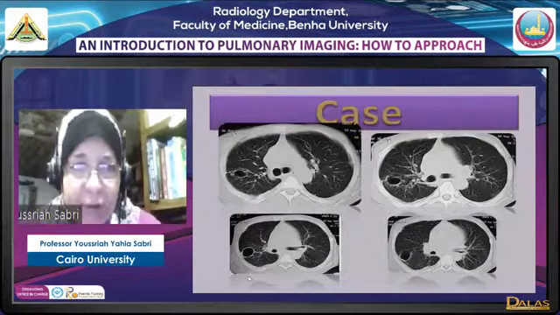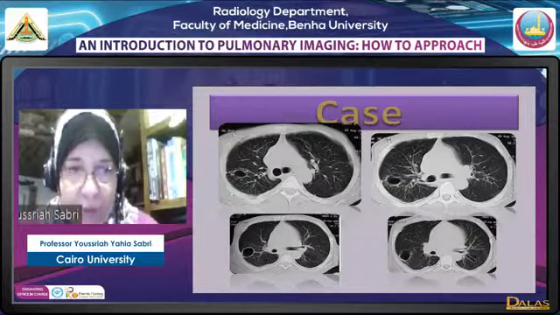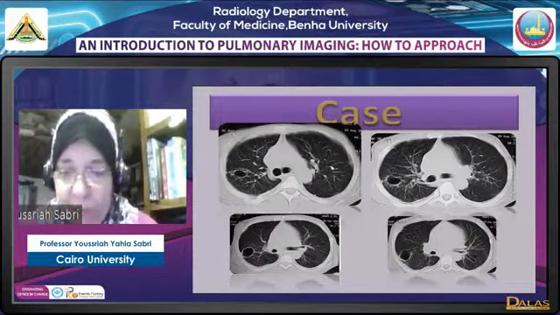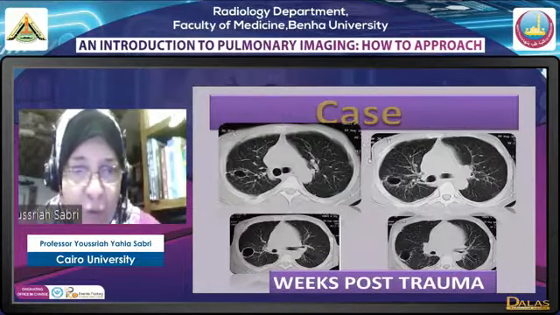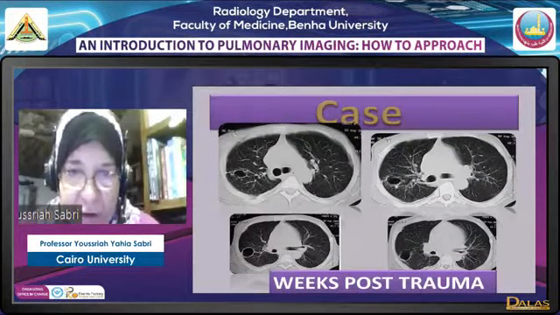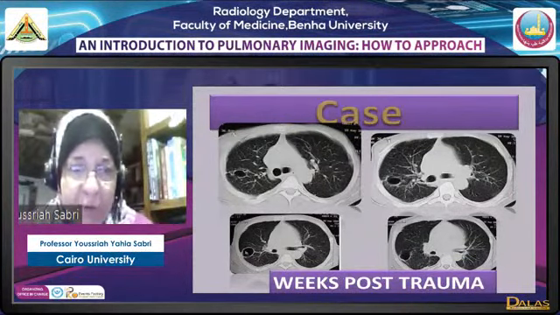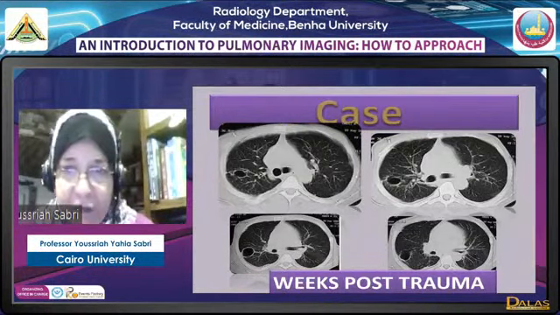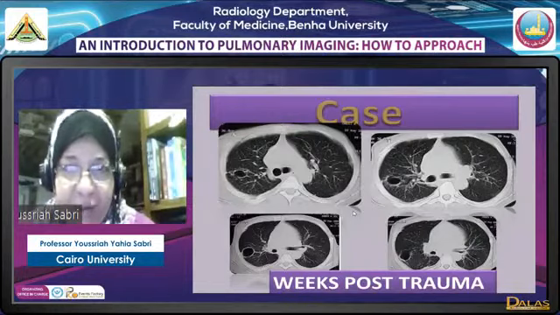Here, on the other hand, we have also a cyst, but it is surrounded by signs of trauma. As you can see, the ribs have multiple fractures. This patient had trauma weeks before. Actually, he had a laceration, and this was a post-laceration cyst. So, weeks after trauma, with signs of trauma, as you can see in the rib fractures on the right side, the cyst may be post-laceration.